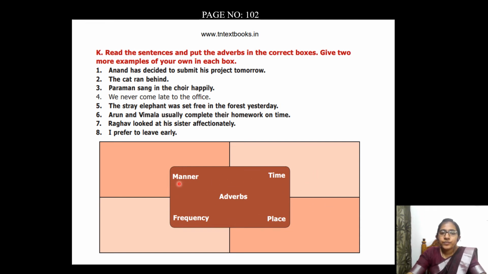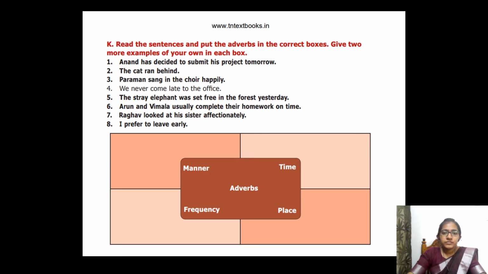That is manner, time, frequency, place. We have to classify from the sentences. We first read the sentence, find the adverbs, and add them to the boxes. The first sentence is Anand has decided to submit his project tomorrow.